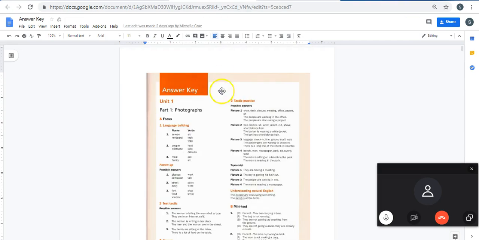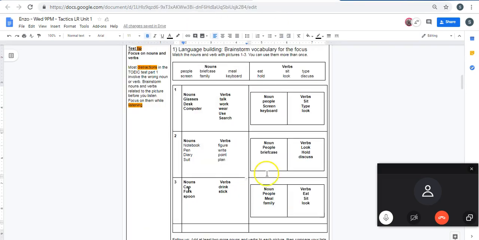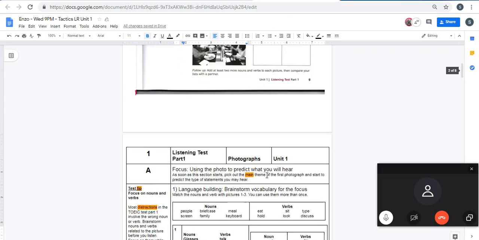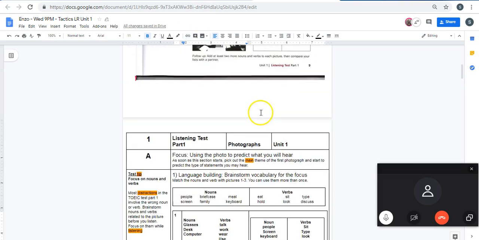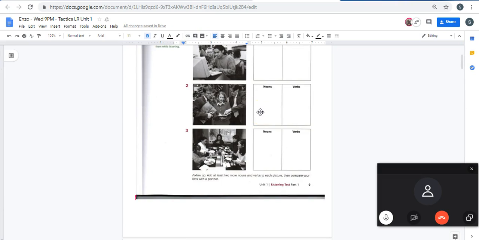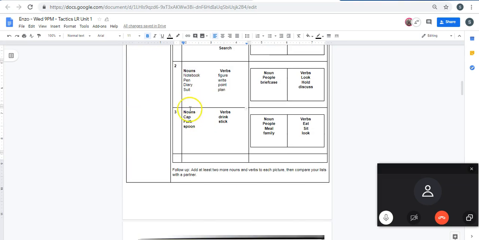Yeah, cup. Which one here is the cup? In the restaurant, maybe they have a cup. Okay, if it's a cup, maybe a cup of coffee.